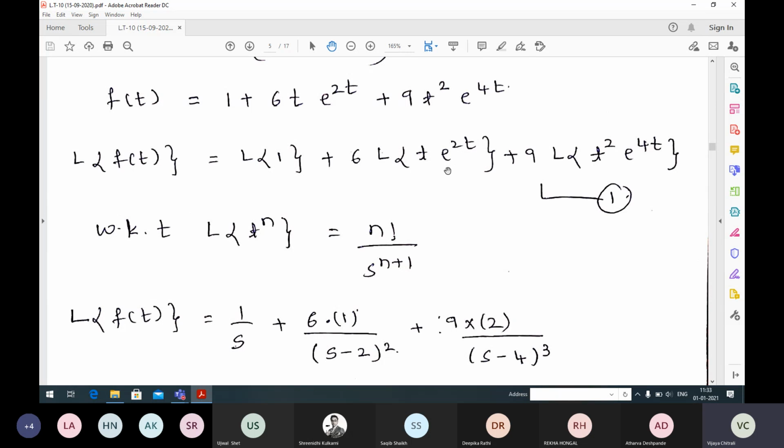So here s changes to s minus 2 and here s changes to s minus 4, right?